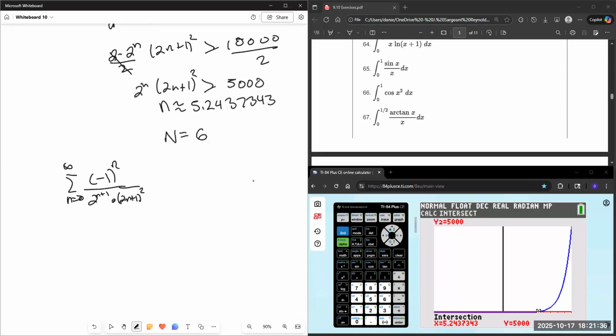So this is going to be a positive 1 over 2 to the first times 1 to the second, minus 1 over 2 to the third times 3 to the second, plus 1 over 2 to the fifth times 5 to the second.